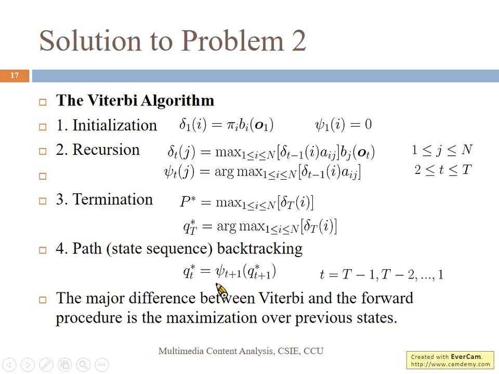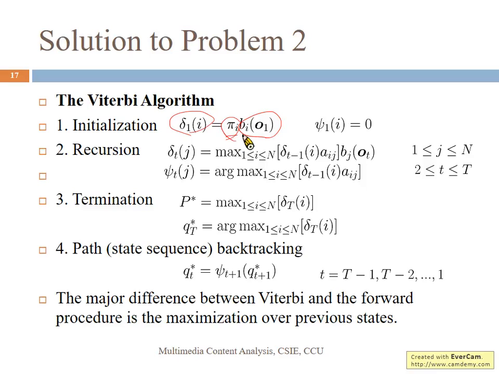Given delta t(i), we can use the following algorithm to solve the second problem. This algorithm is called the Viterbi algorithm, which is very, very famous. The essential idea of this algorithm is similar to the dynamic programming that we have learned in the algorithm class. It works like this. Initially, delta 1(i) is defined by pi_i multiplied by b_i(O1).